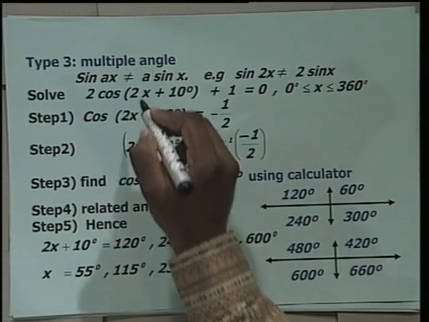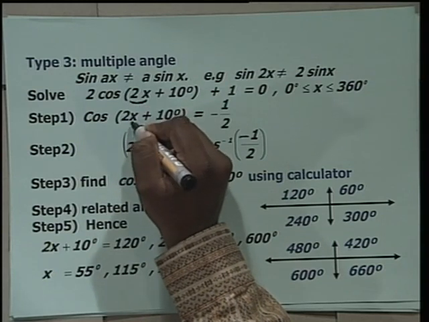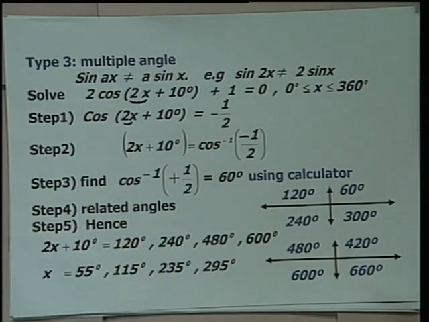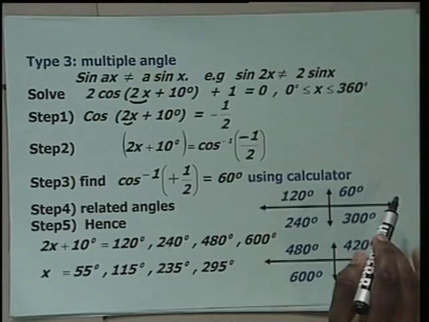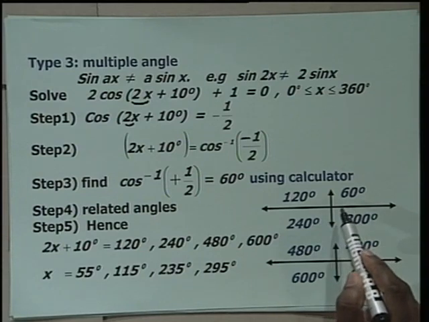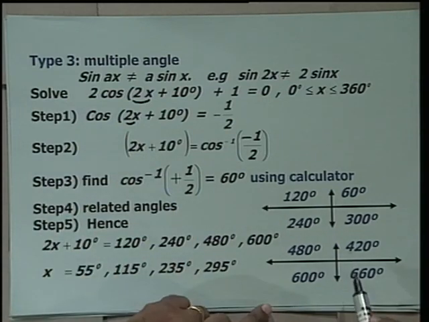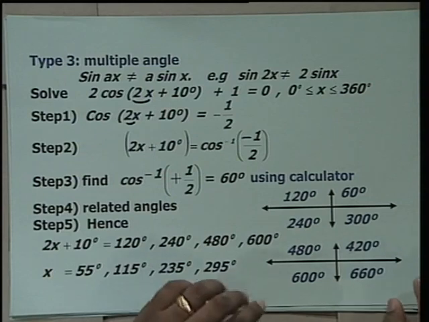Now, because we have 2x, we will find angles related not just in one turn, but in 2 turns. If you had 3x, then we should take angles related to each other in first turn, second turn, and third turn. Now, how do you find angles related to 60 in second turn?